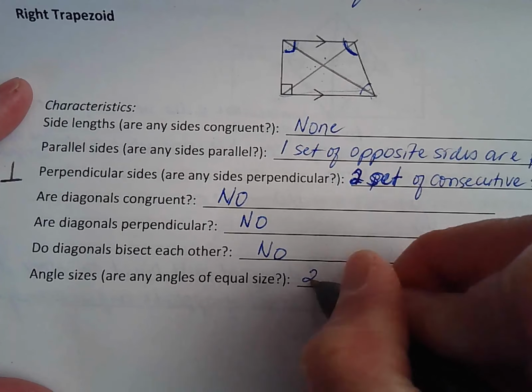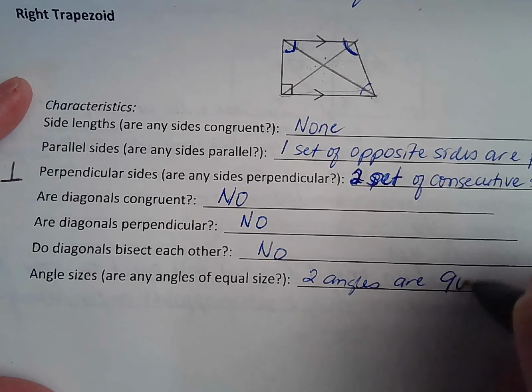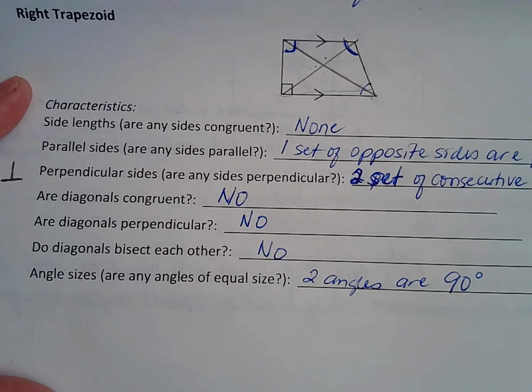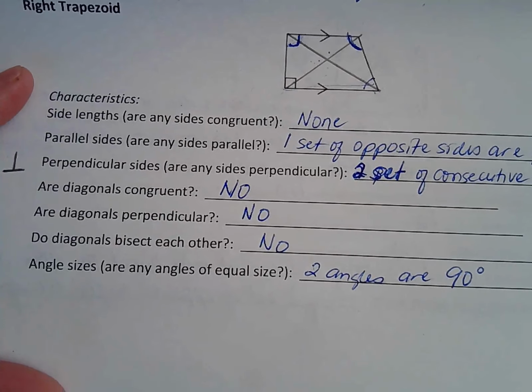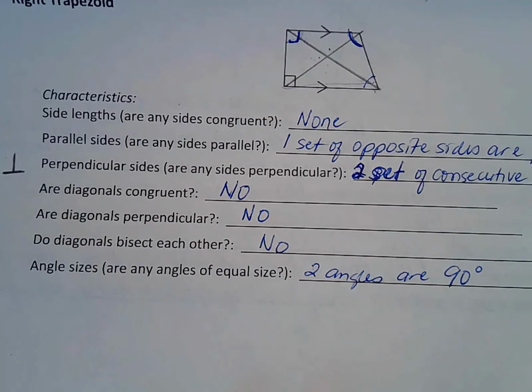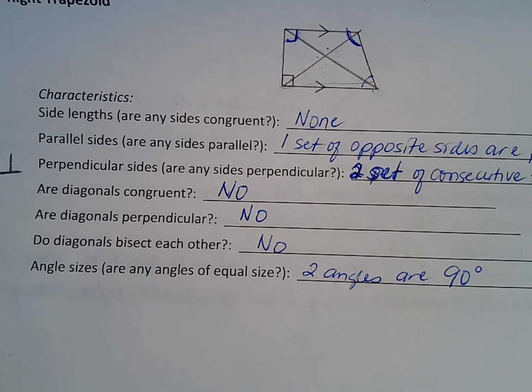So two angles are 90 degrees. Okay. So that concludes all of them.